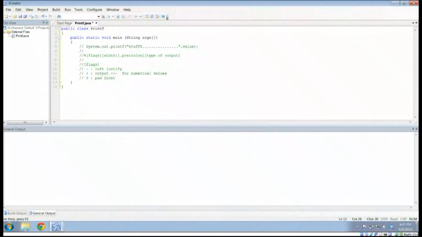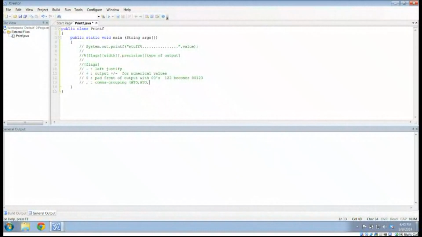If I put a 0, then it pads the front of our output with zeros. So in other words, 123 becomes 00123. So I'll see a bunch of zeros in the front of my data. I can also put a comma, which means that I'm going to do my comma grouping.